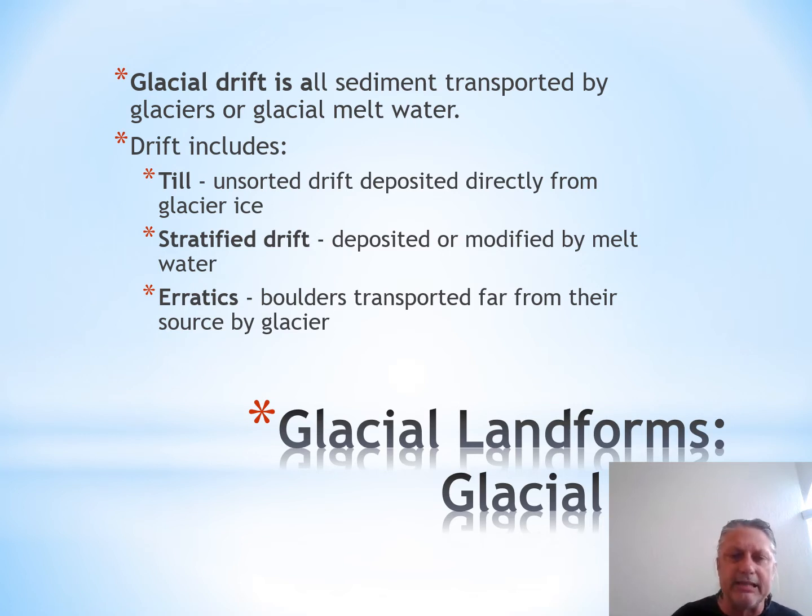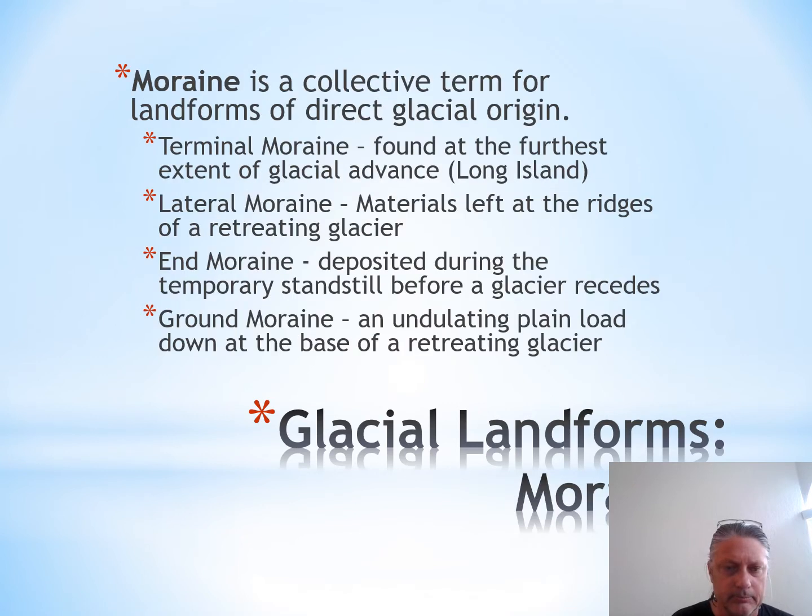Huge boulders that seemingly don't belong, that were plucked from walls of mountains or valleys, are called erratics. Now, moraine is the collective term for any depositional environment by a glacier. Terminal is the ending, lateral is the side.